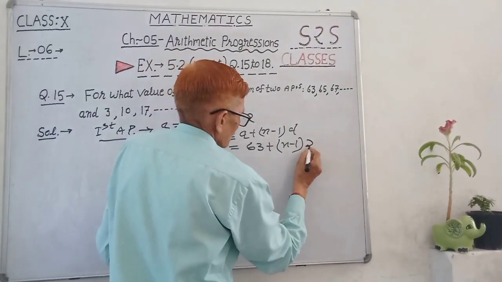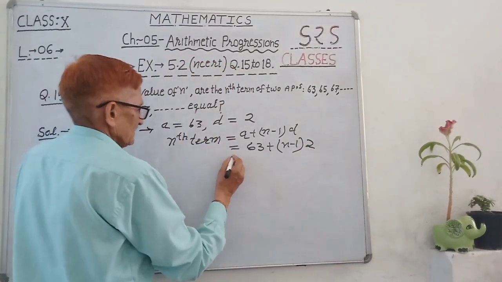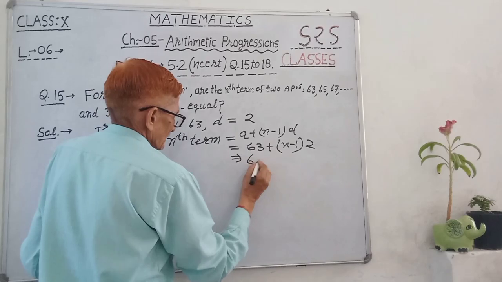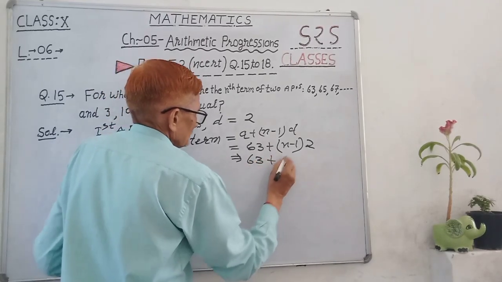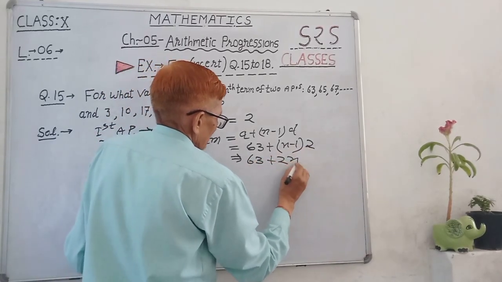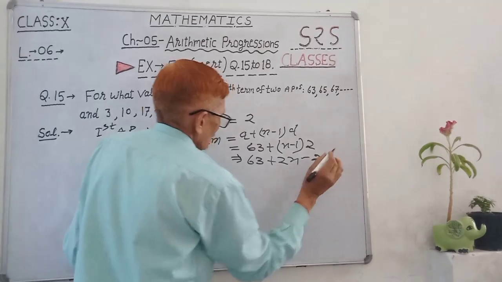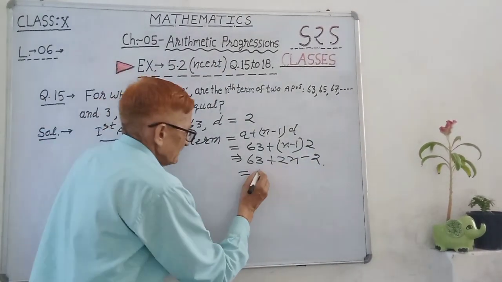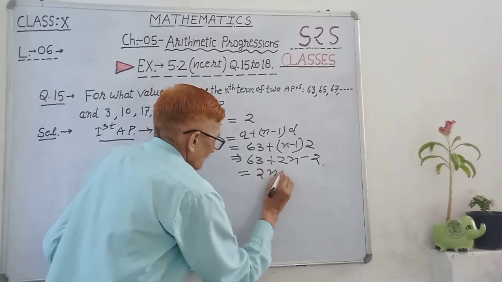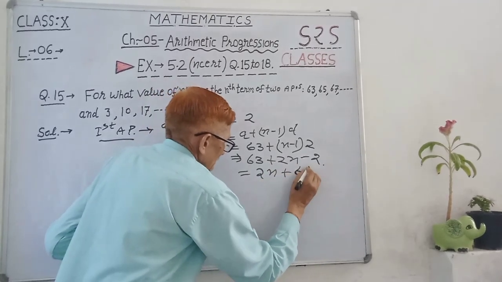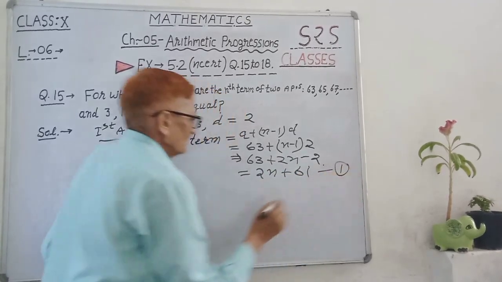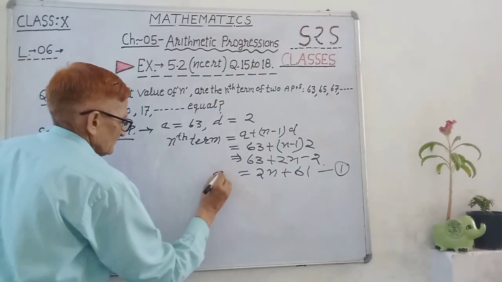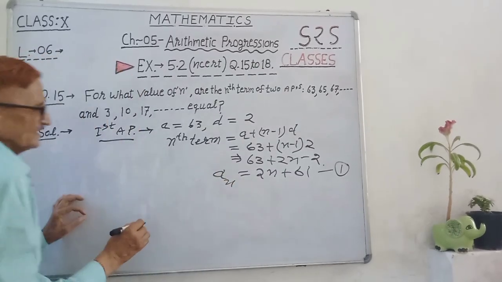Then into 2. Then multiply, then it will be 63 plus 2n minus 2, then it will come 63 minus 2 is 61, so 2n plus 61. It is the nth term for the first series.